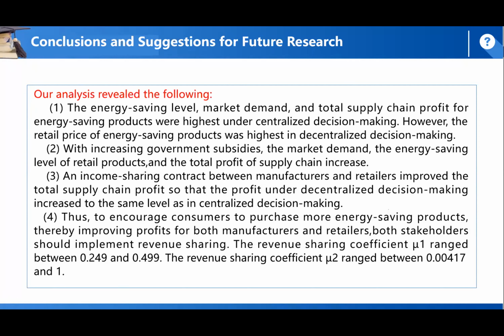Conclusion 1: the energy-saving levels, market demand, and the total supply chain profit for energy-saving products were highest under centralized decision making. However, the retail price of energy-saving products was highest under decentralized decision making.